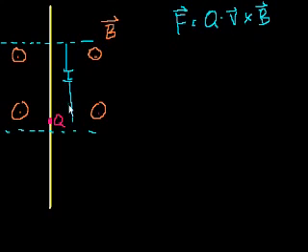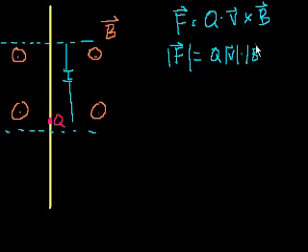If this wire is just stationary and there's no voltage across it, the velocity of this charge is going to be 0. So if the velocity is 0, we know that the magnitude of a cross product is Q, that's just a scalar quantity, times the magnitude of the velocity times the magnitude of B times sine theta.